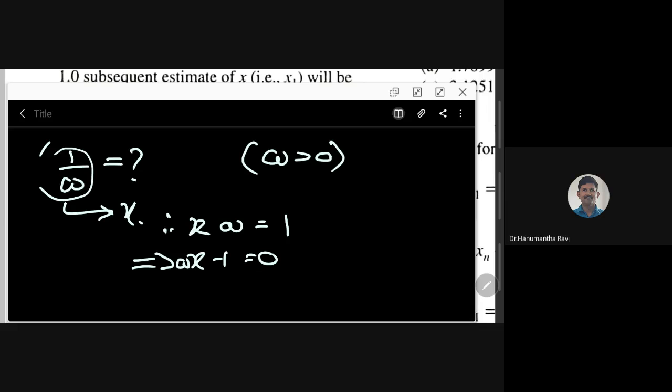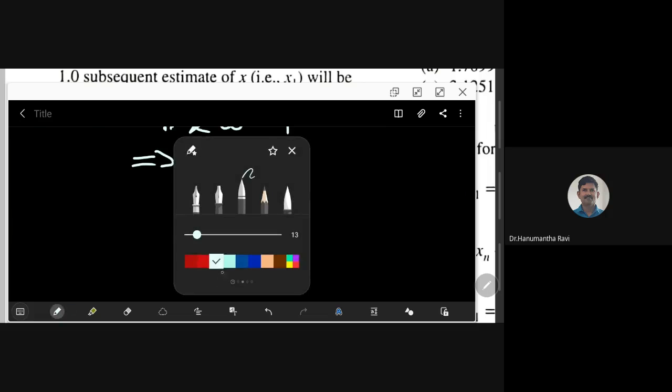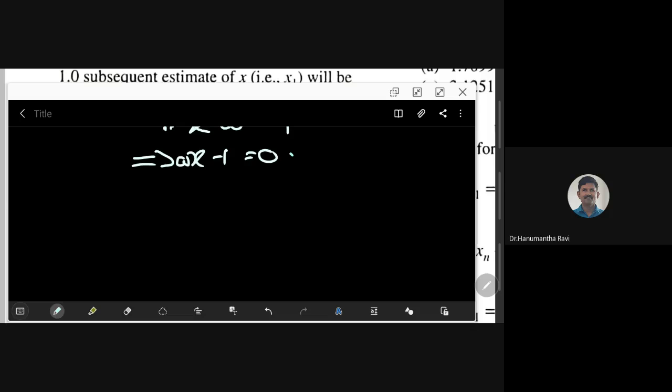So what is our f of x? Our f of x is Ax minus 1.